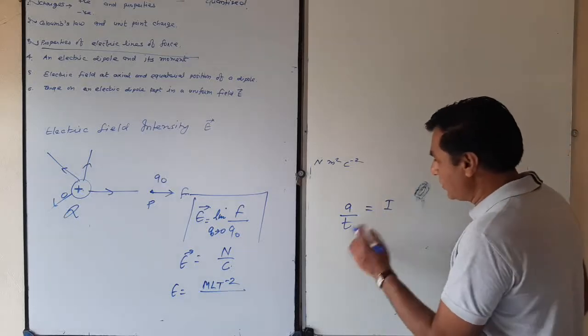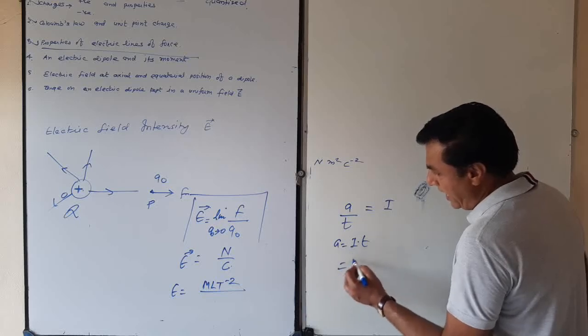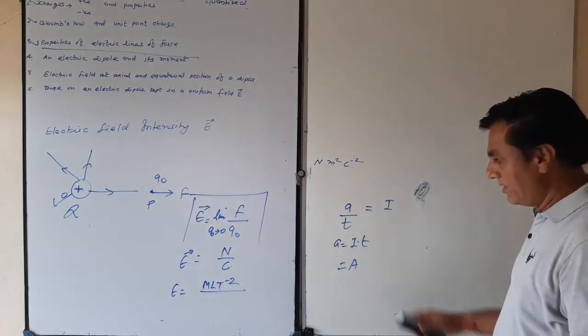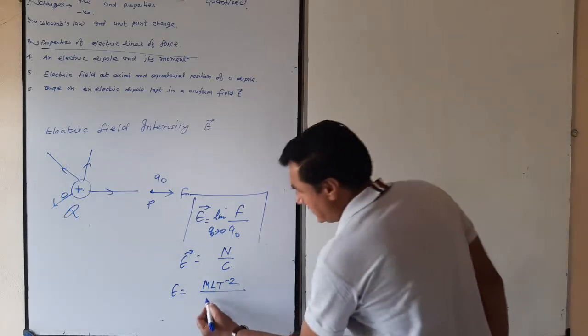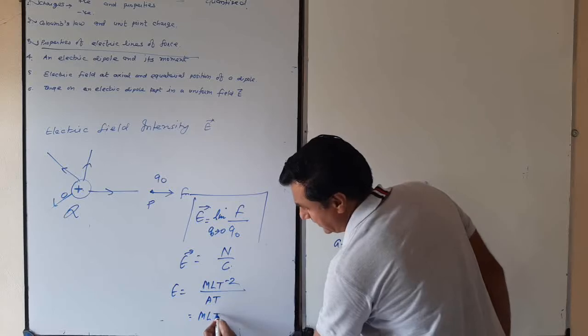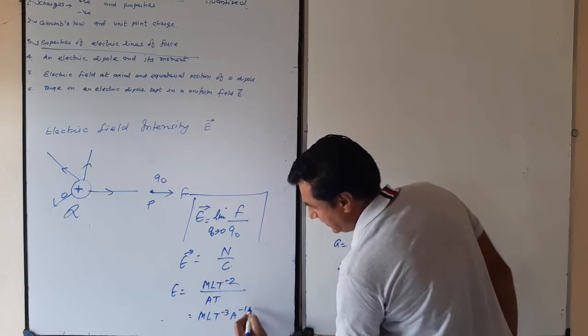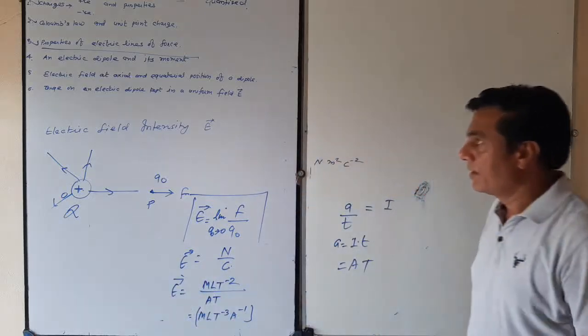Current I equals Q by T, so Q is equal to IT, with I measured in ampere and time T. So AT. The dimensional formula of electric field is M L T minus 3 A minus 1.